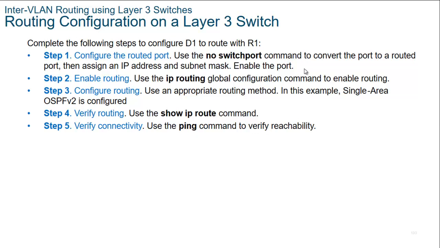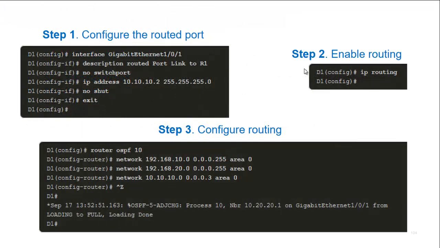Enable routing, use the IP routing global configuration command. Configure routing, so use an appropriate routing method. So in this particular example, we are using OSPF. Verify that the routing happened and then verify connectivity. So first, configure the routed port.